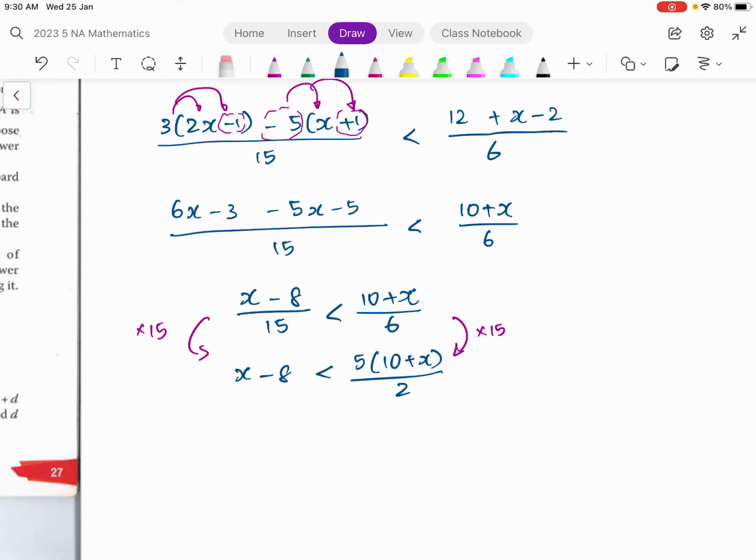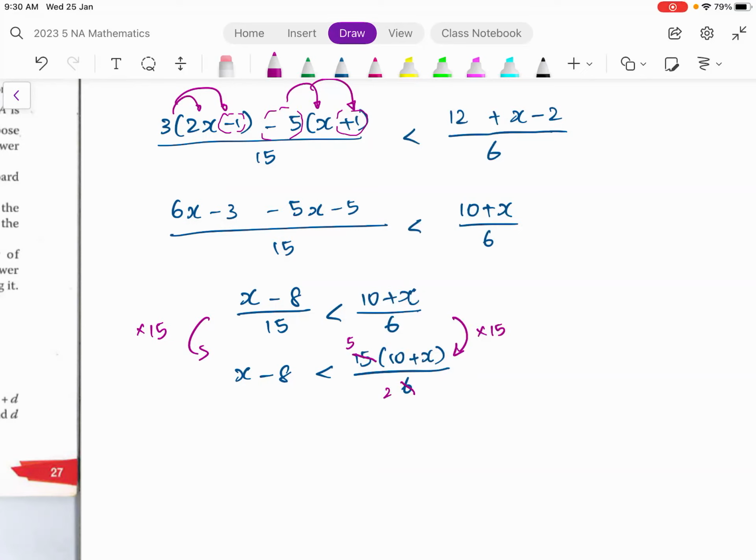So I don't skip steps for this side: I multiply by 15, right? I end up with 15 times (10 plus x) over 6. Agree? Then I cancel. Divide by 3, I get 5. Divide by 3, I get 2. Okay?